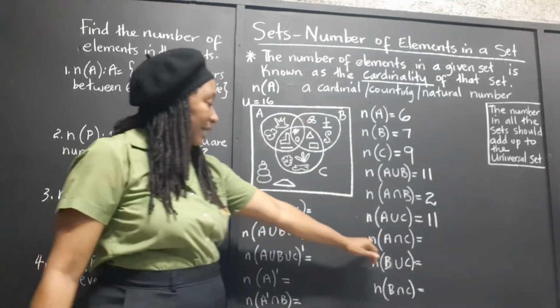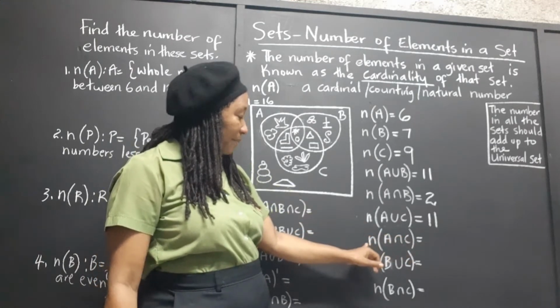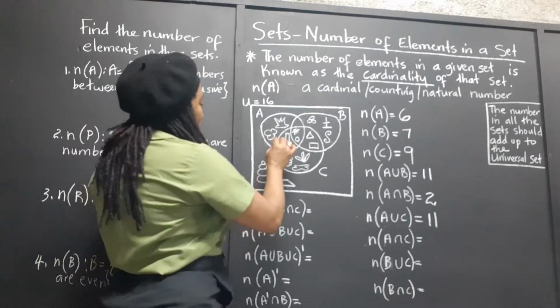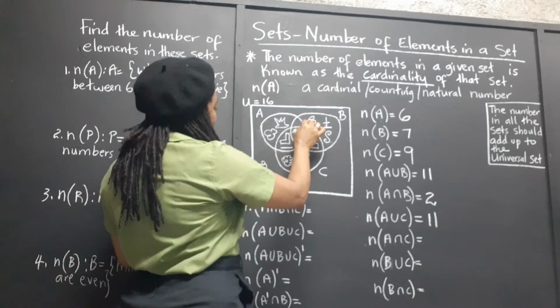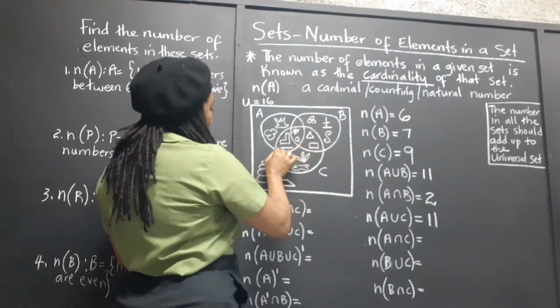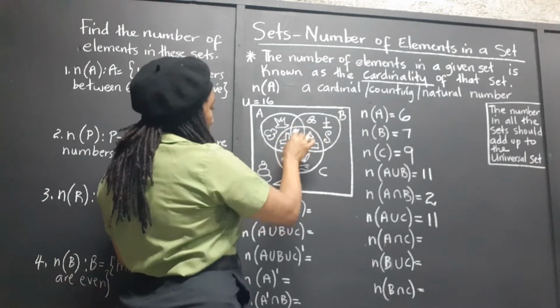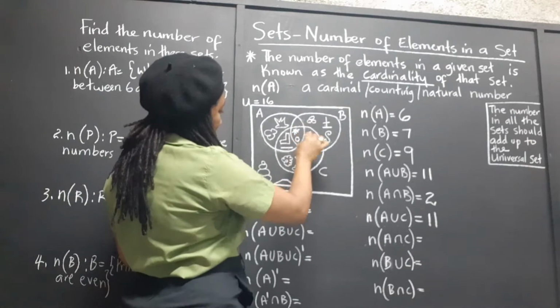A intersect C. The number of elements in A intersect C. So this is where A and C overlap. This is A overlapping C. That's 1, 2, 3, 4.